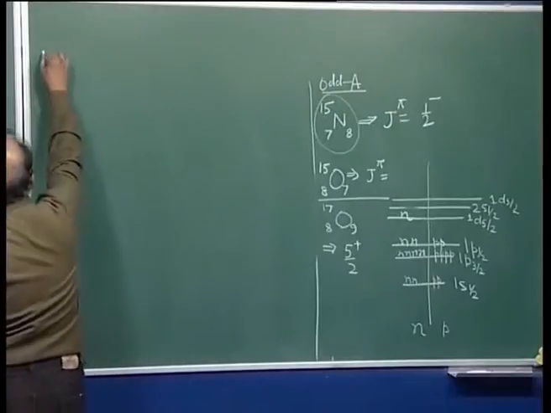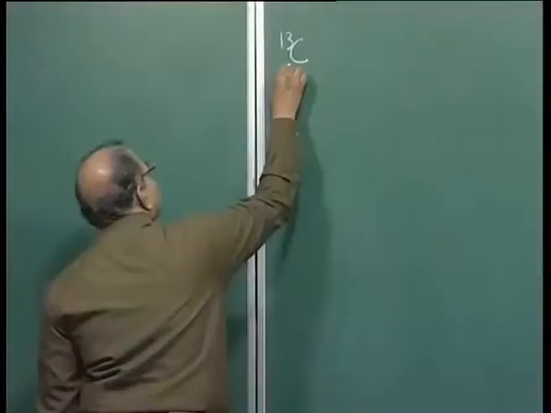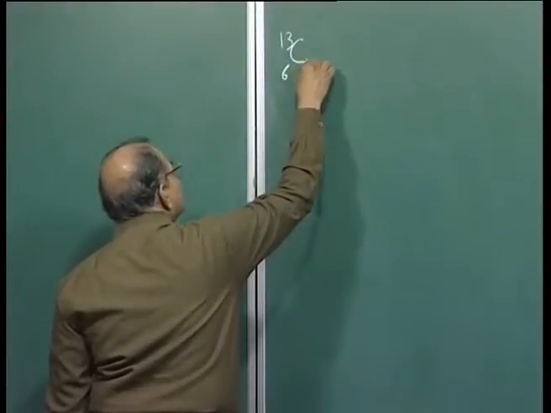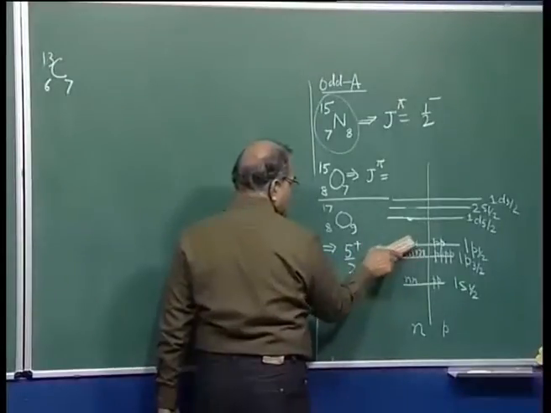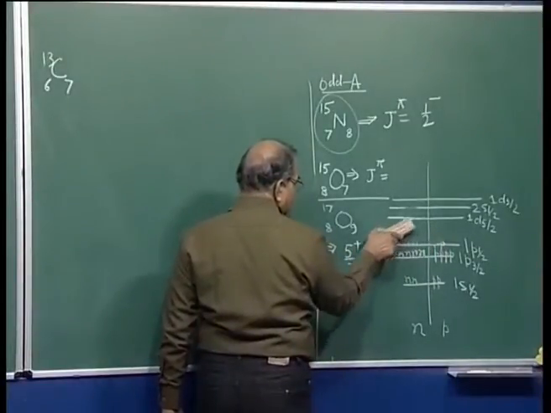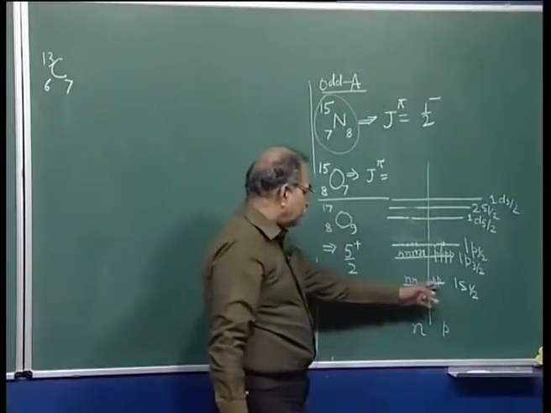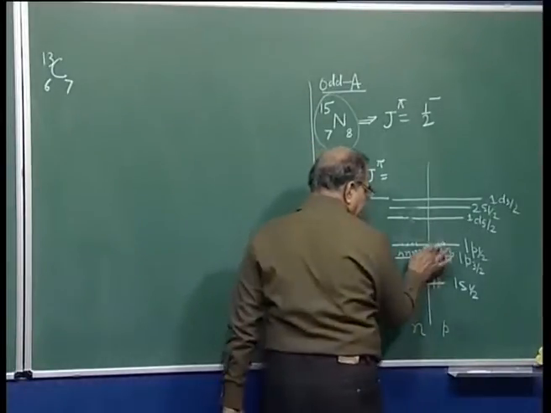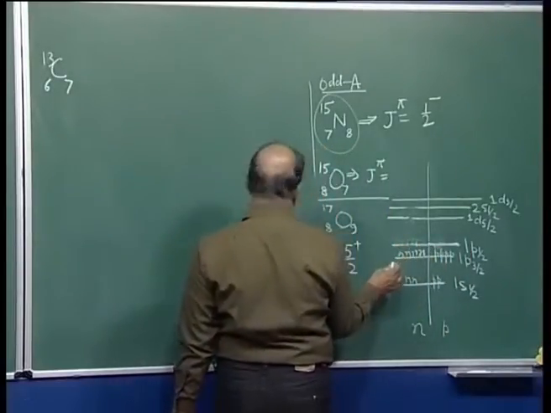Carbon 13. Carbon is Z equal to what? So Z is equal to 6, and N is equal to 7. So 4 plus 6, correct? 6 here. And this one is 7.